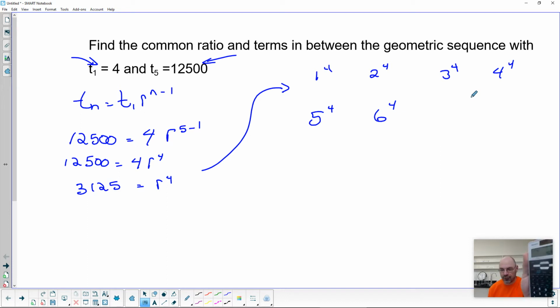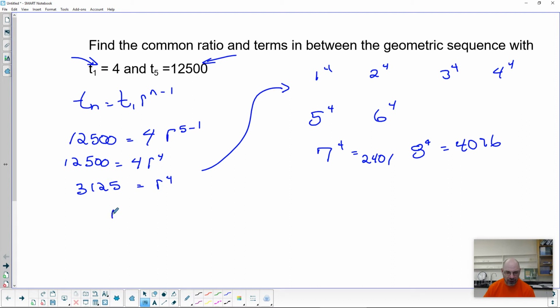Okay, it's too big. So it's between 7 and 8. 7 to the power of 4 equals, and 8 to the power of 4 equals 4,096. 7 to the power of 4, if I do that again, it's 2401.